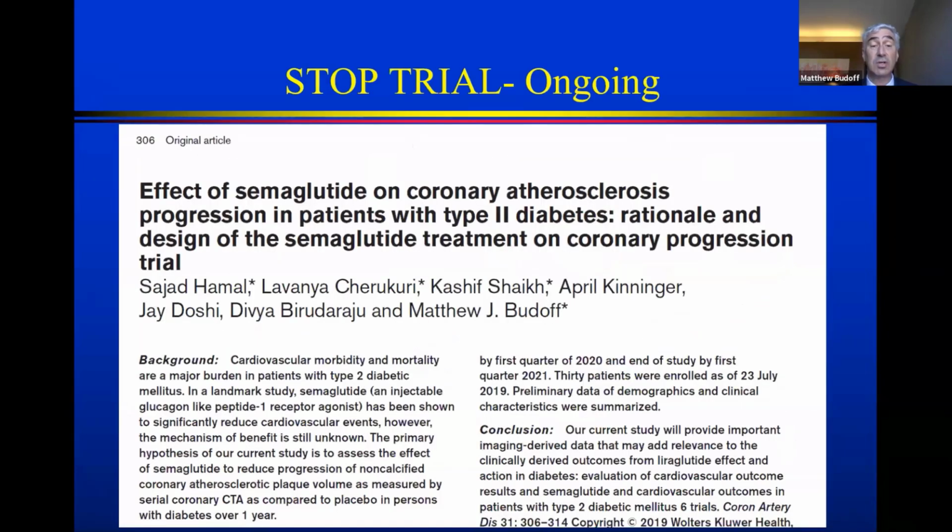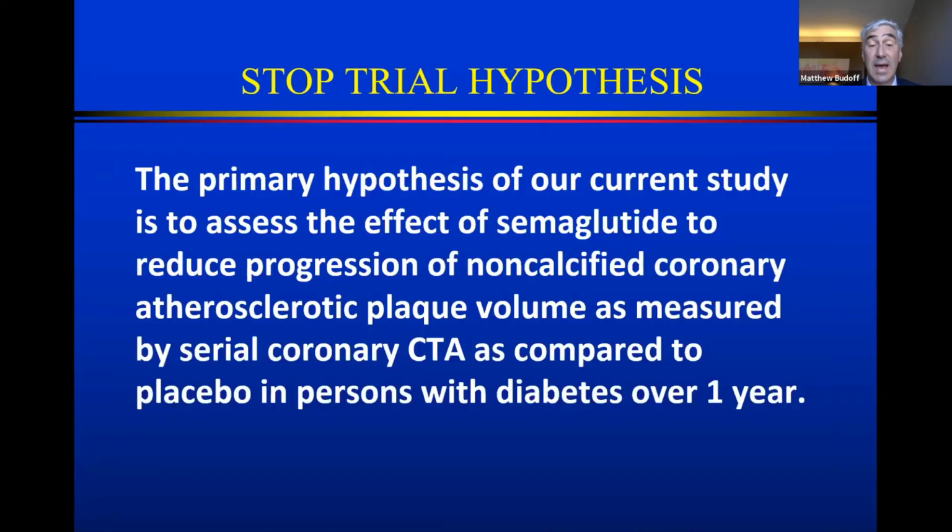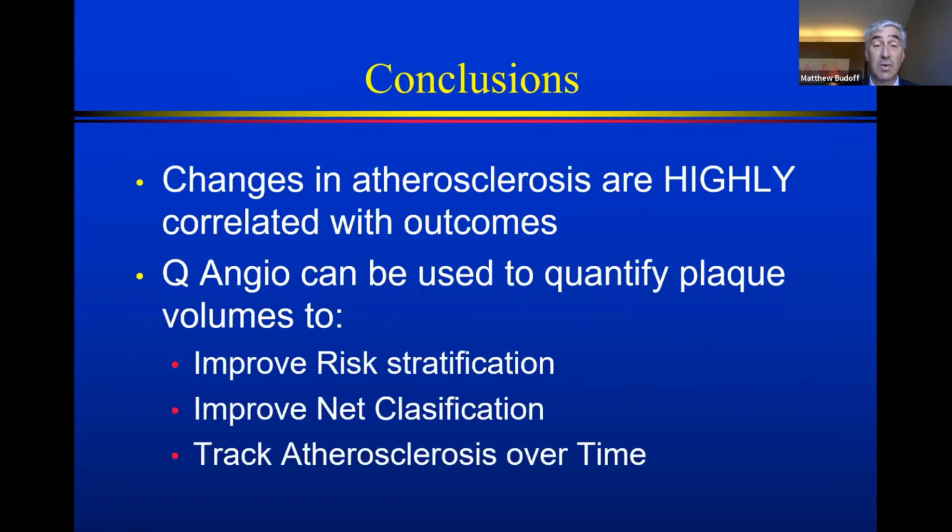Finally, I just want to mention an ongoing trial, another study of serial CT that we're performing, looking at semaglutide, a GLP-1 receptor agonist. The hypothesis is that the GLP-1s will reduce progression of non-calcified plaque volume, looking at serial CT over 1 year, and that might be the primary effect that these new therapies have demonstrated.